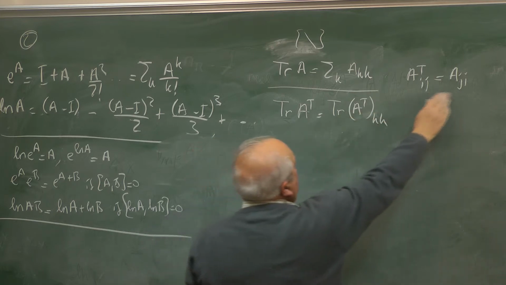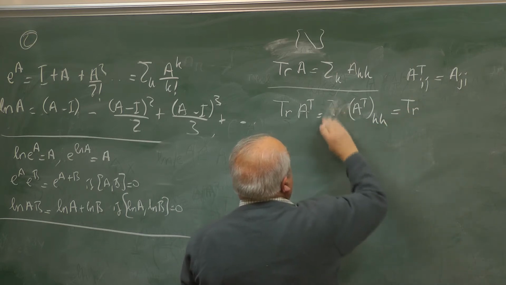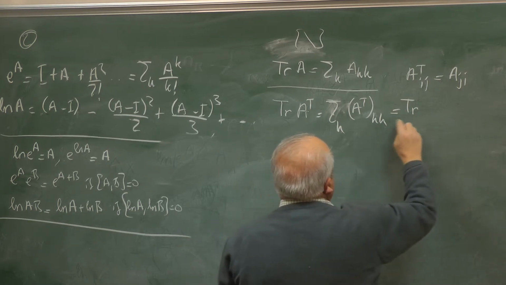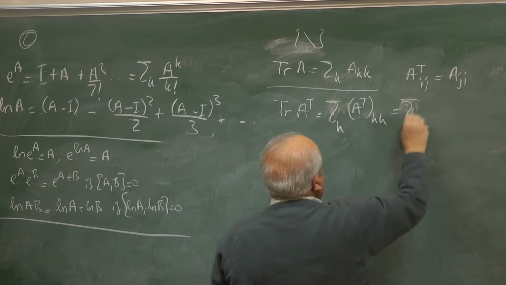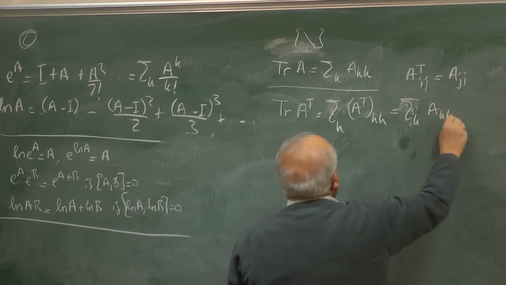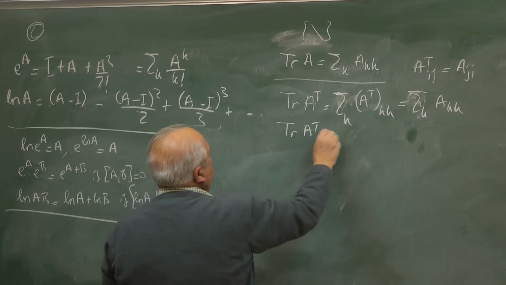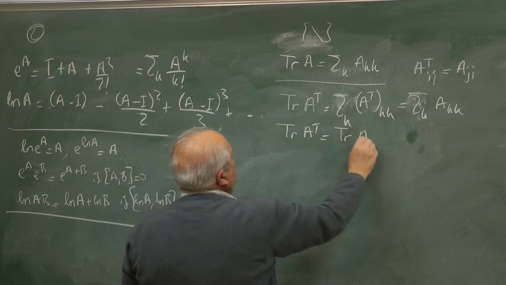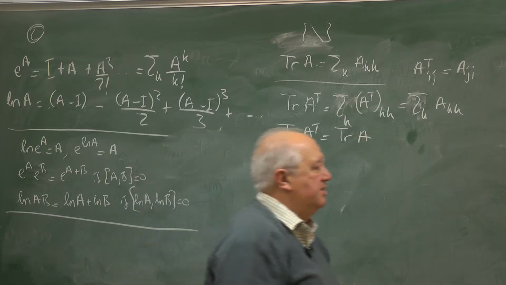But if you put KK, it's the same thing. So it is equal to sum over K, A_KK, the same thing as trace A. So trace A transpose is trace A. A matrix and its transpose have the same trace.